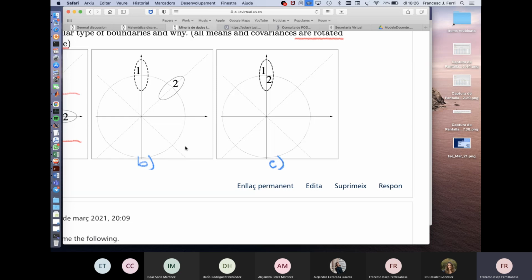What is a plane vertically? Classes one and two are the same. It's a Gaussian. There are two Gaussians, exactly the same Gaussian.